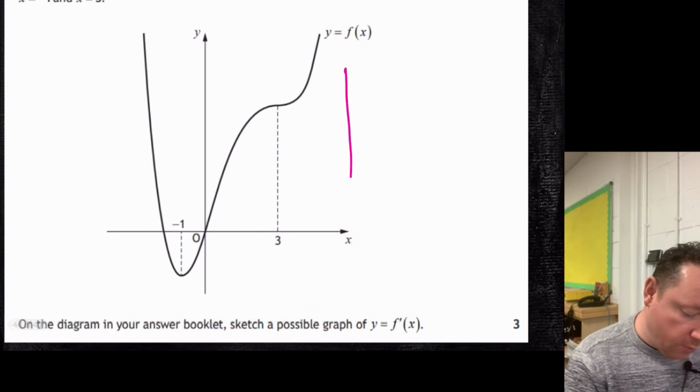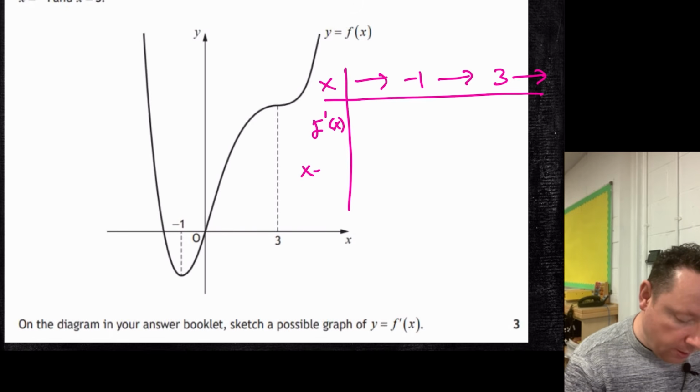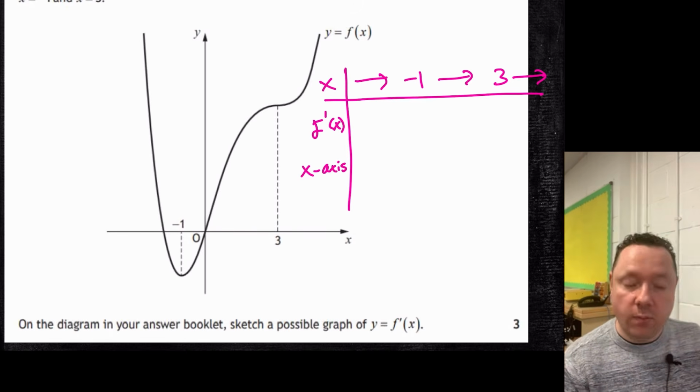We draw a little table for ourselves, and we examine going along to the turning points. We're at -1, and we're going along to 3. And we can say the derivative f dash x, and then we can say what's happening on the x-axis, because we want to go above or below.